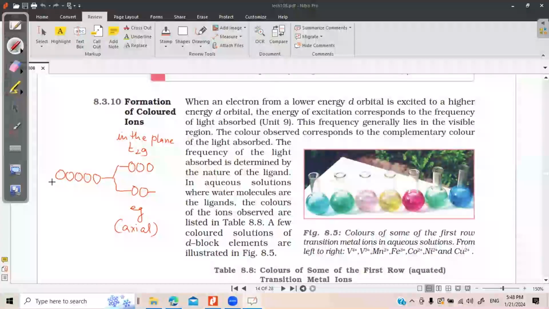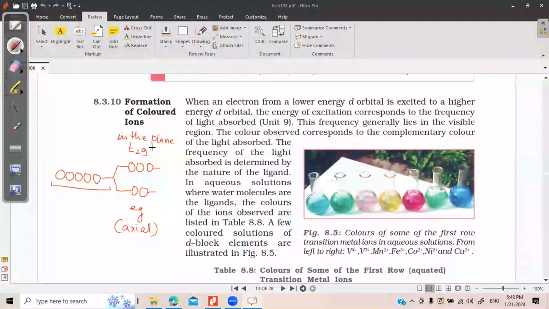That means all 5 d orbitals, which had the same energy, in the presence of some negative ligand, have their common energy disturbed. Either t2g orbitals acquire a higher energy level, or in other cases eg orbitals acquire the higher energy level.